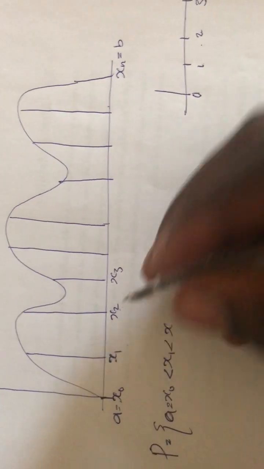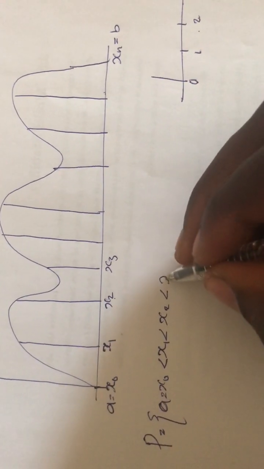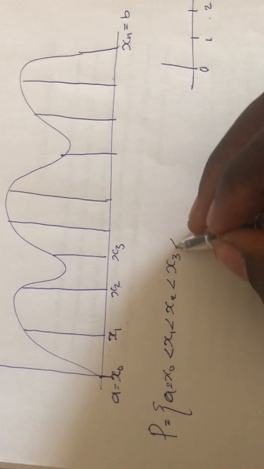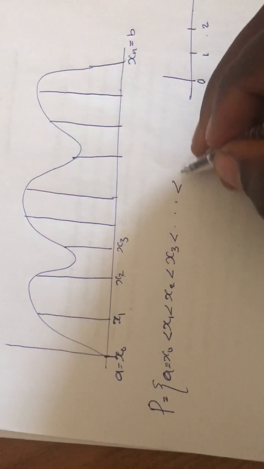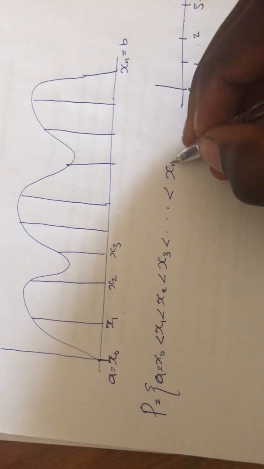And x1 itself is less than x2, very true. And x2 is less than x3, very true. Like that, up to the point where we have everything less than xn. So partition is about slicing our rough shapes into parts. I hope you get the definition.